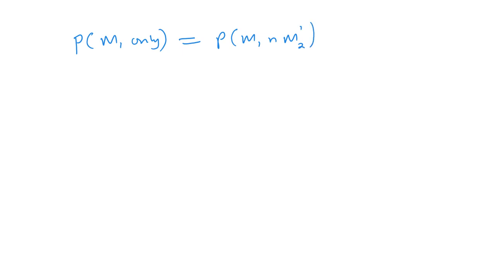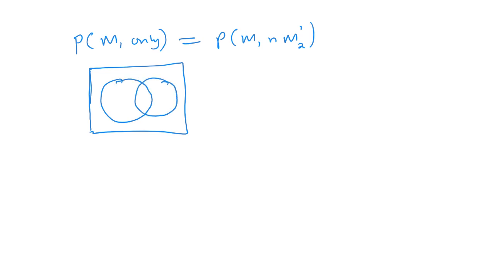We must make use of the Venn diagrams. Let's make use of this Venn diagram. We have M1 and we also have M2. This is M1 and this is M2.